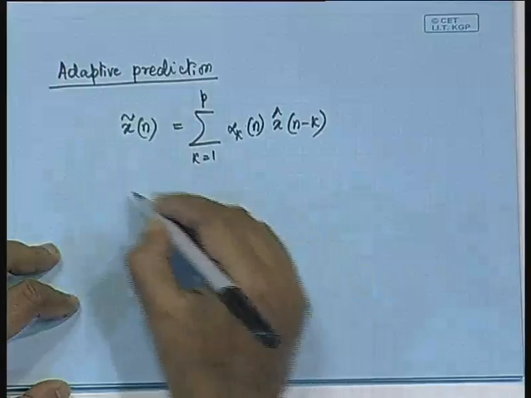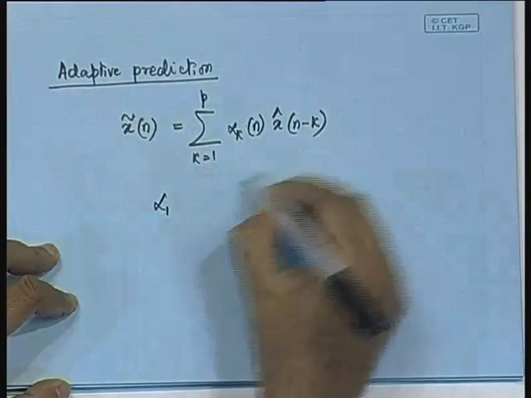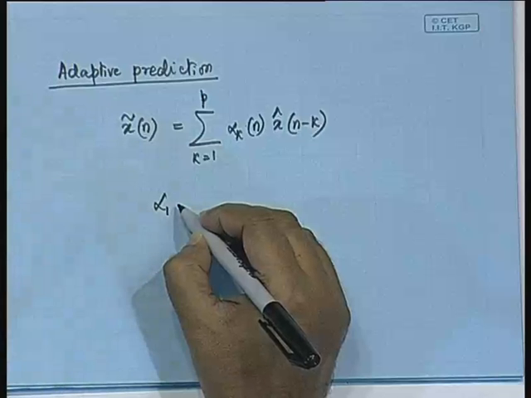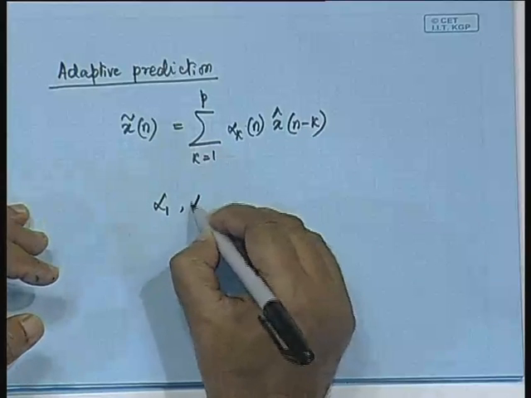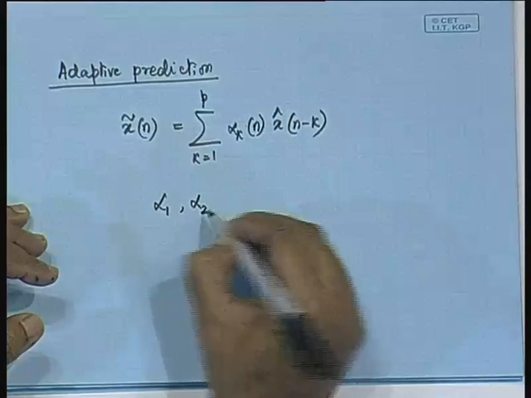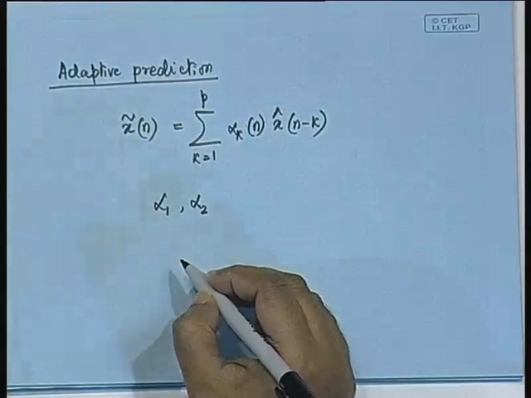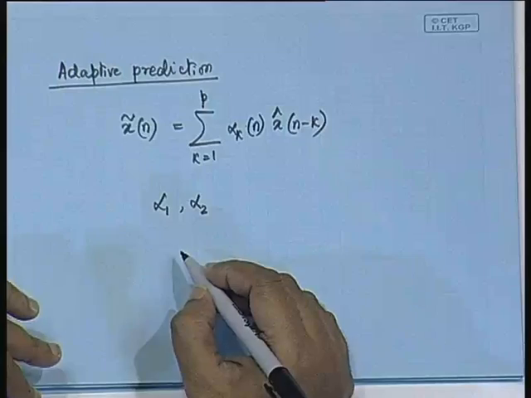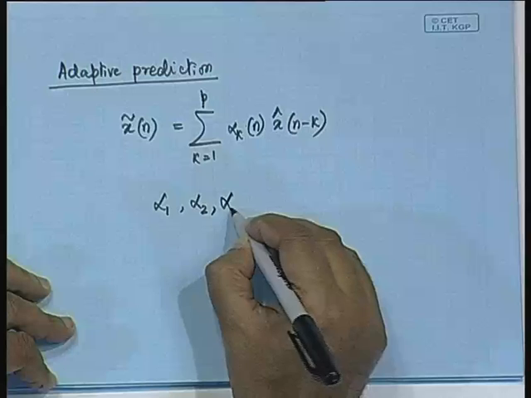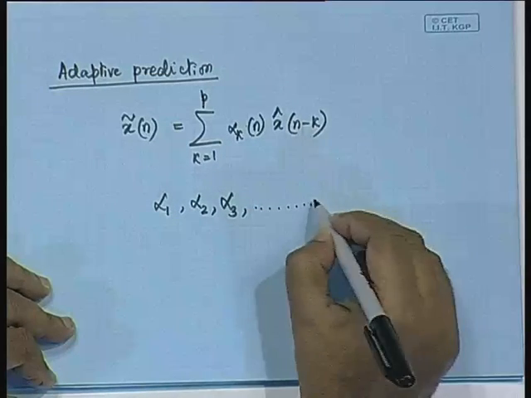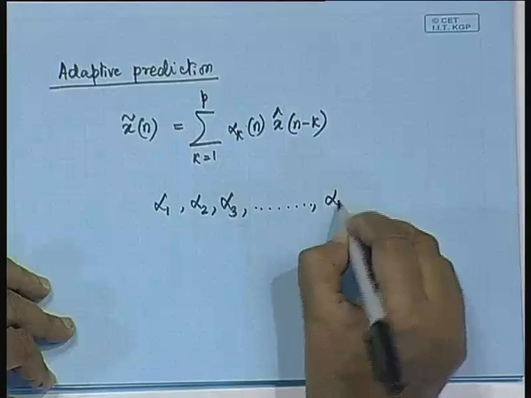And in fact, what we are going to have is that these predictors will be alpha 1 for the first order, and for the 2 sample old thing, the coefficient will be alpha 2. For 3 sample old we have alpha 3, etc. So, alpha 1, alpha 2, alpha 3 up to alpha p.